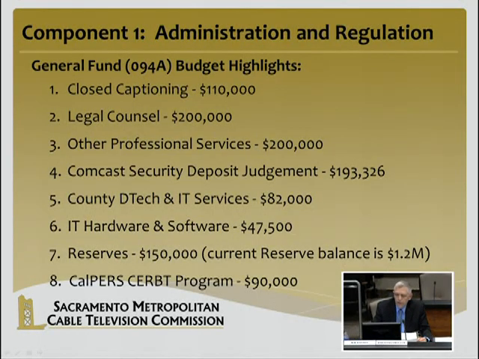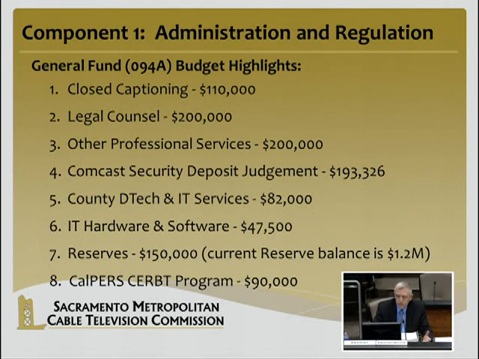Some other highlights: closed captioning, we expect, will cost about $110,000. For legal counsel, we don't usually spend this high, but we like to have flexibility to spend that, and that's $200,000. The same with other professional services like the audits and such. We're budgeting $200,000.